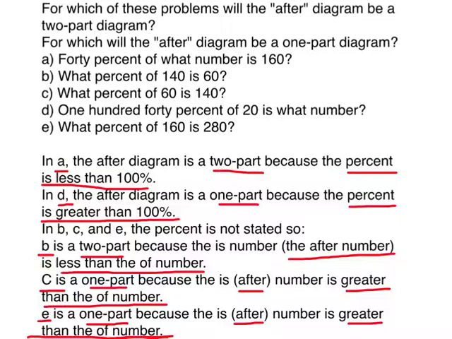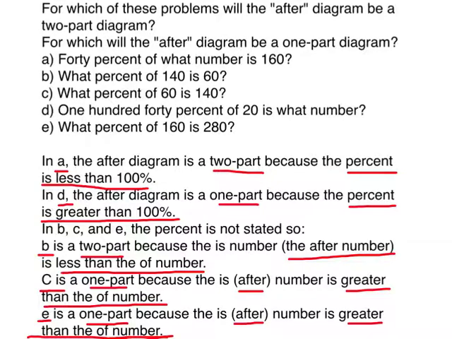We look at B and say that's going to be a two-part. What percent of 140 is 60? Because the after number, which is this 60, is less than the of number, which is 140. So that's going to have to be a two-part.